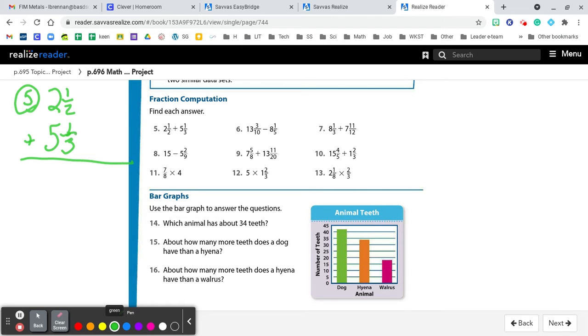Good review here. Denominators are different. Common multiple, rename, and multiply this by 3, multiply this by 2, and then we're going to add: 7 5/6.